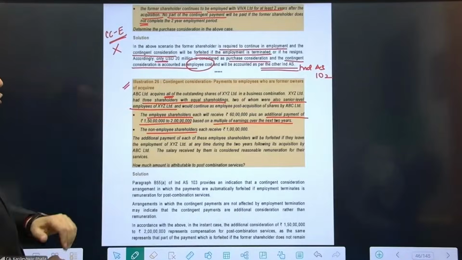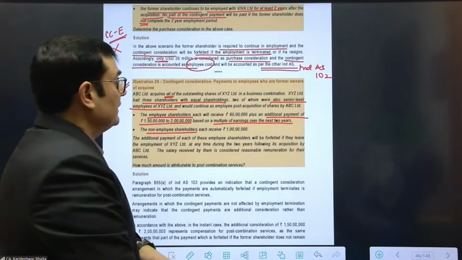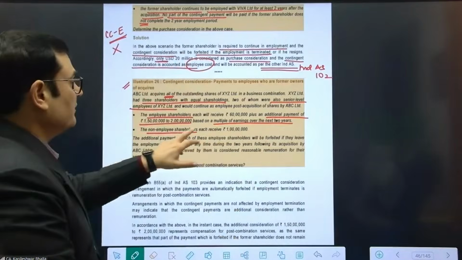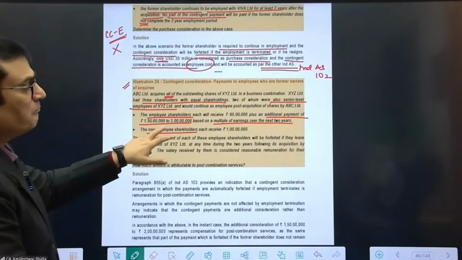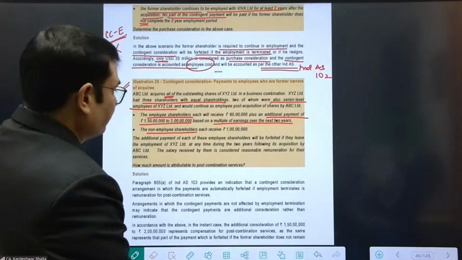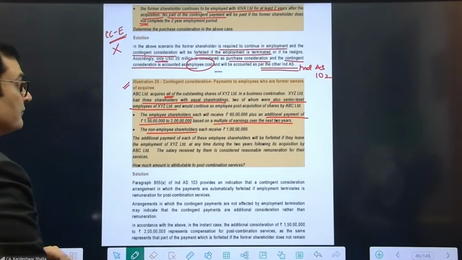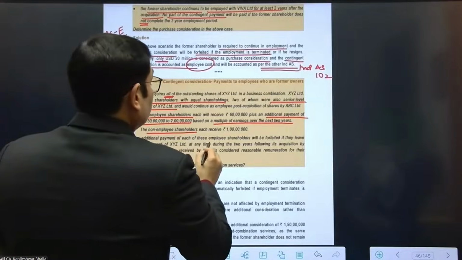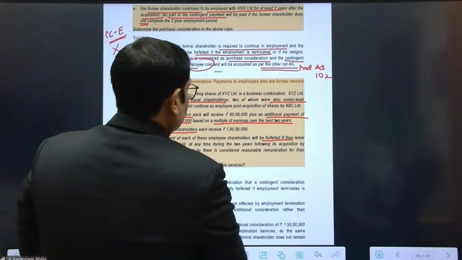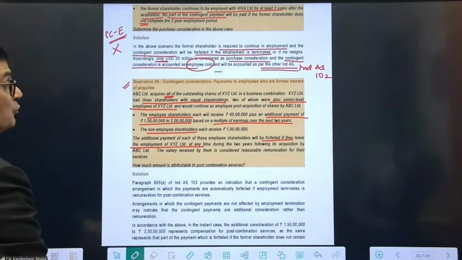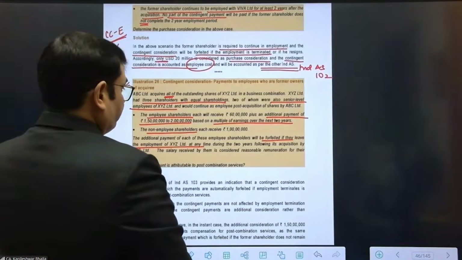The person who is the employee shareholder is going to get 60 lakhs today, and he will get an additional payment which is in a range based on the multiples of earning. And the non-employee is going to get 100 lakhs today. The additional payments of each of these employees will be forfeited if they leave the employment at any time during 2 years following the acquisition.